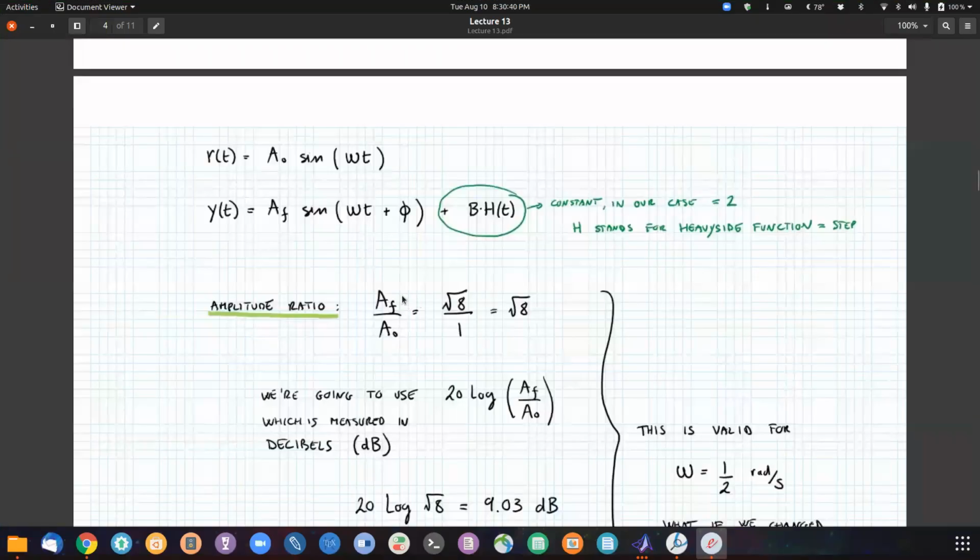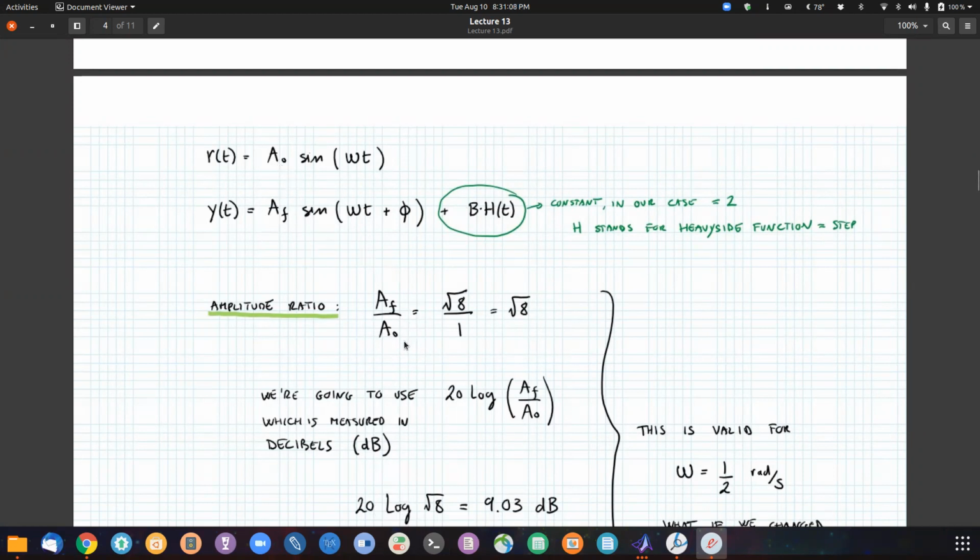We're now going to focus on two things. We're going to focus on the amplitude ratio, so the ratio between the amplitude of the output, that is AF, amplitude final, and the amplitude of the input, which I've been calling A naught.